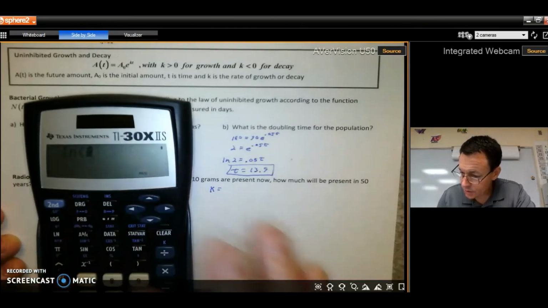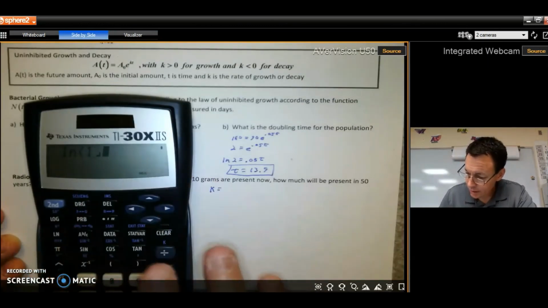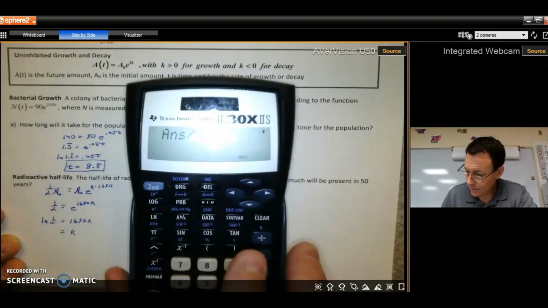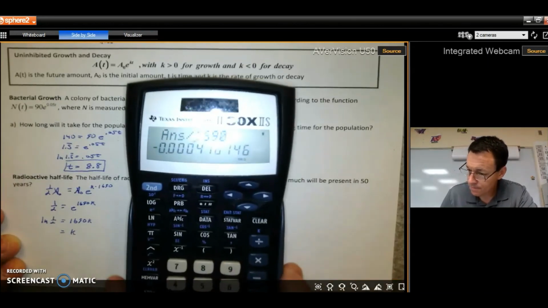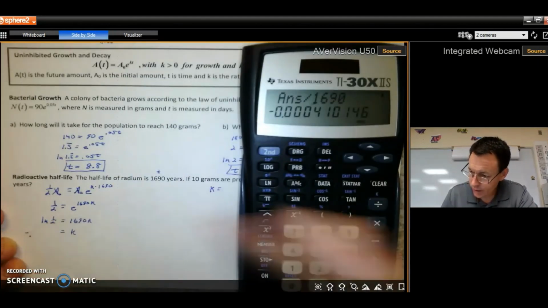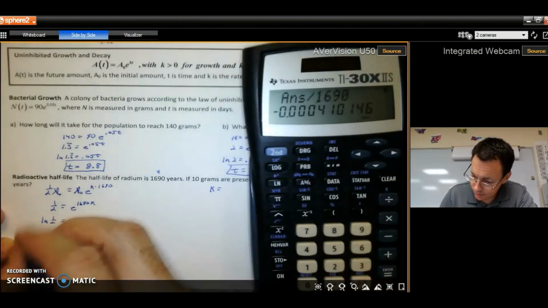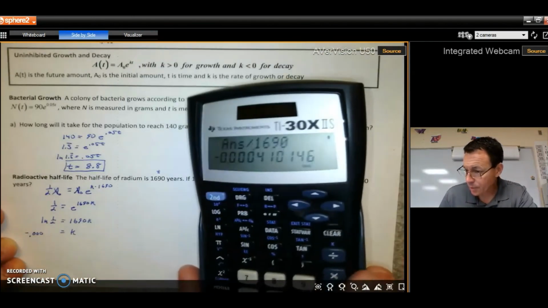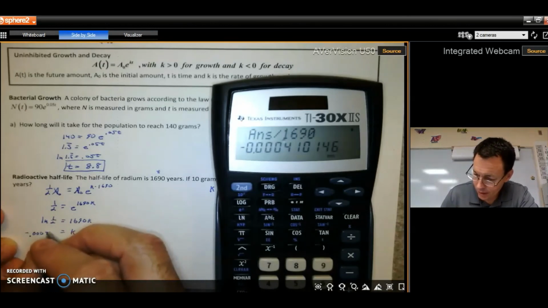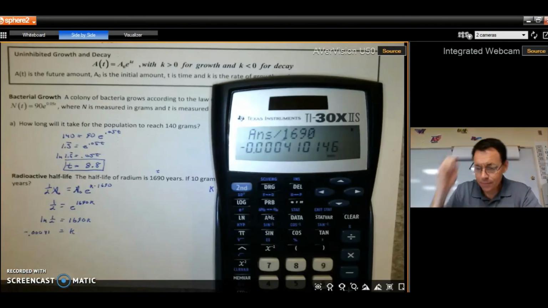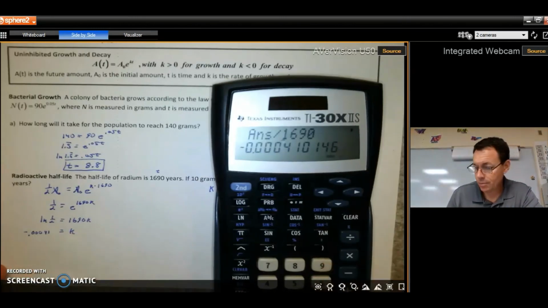So, natural log of 1/2 equals, and then divide it by 1,690, and I get negative 0.000, all right, I'm going to put 41. After that there was another 0, so I'm kind of running out of significant digits. You could write all those down if you wanted, but I'm going to write that down.